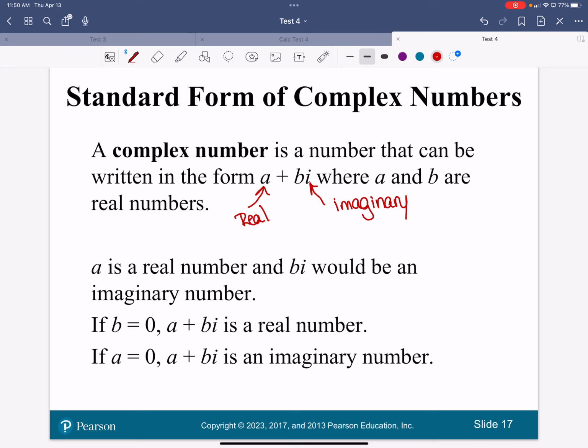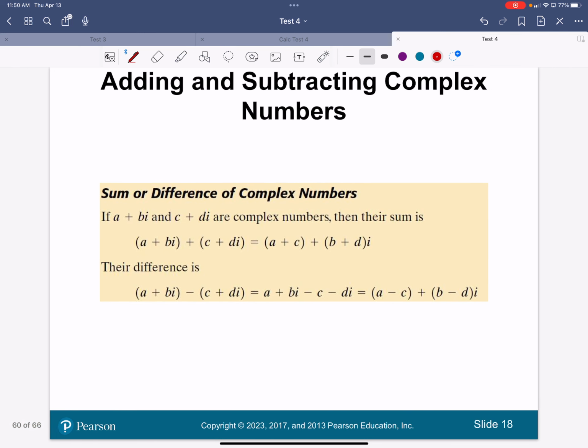Now, we are going to add and subtract these the same way that we add and subtract like terms. Same exact way. Okay? So what this means is if I've got a plus bi and c plus di, I'm going to add my a and my c together because that's real.